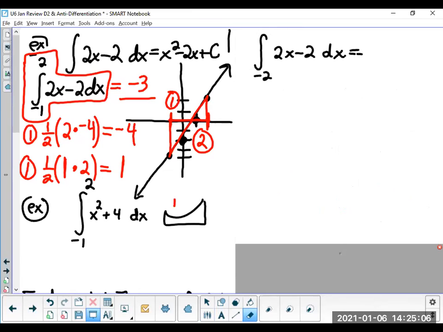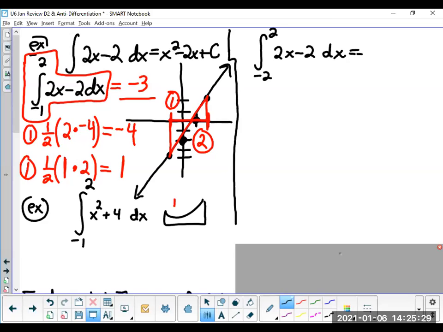We're not doing 4. We're doing 2. All right. So the definite integral from -2 to 2 of 2x minus 2 with respect to x. That's what we're talking about here. We're going to do the exact same problem. We're going to do it differently. We're going to get the same answer. Hard to believe, I know, but it'll work, I think.